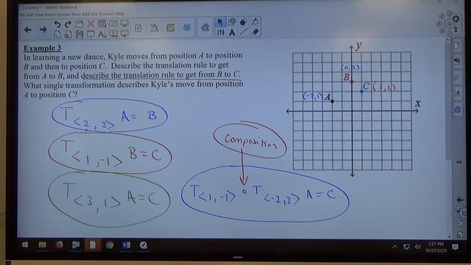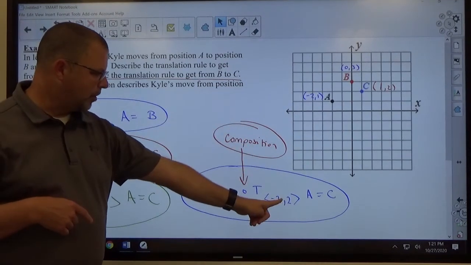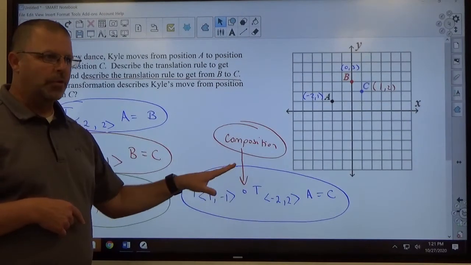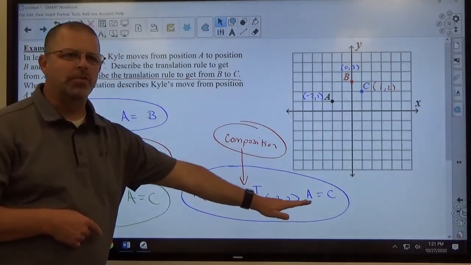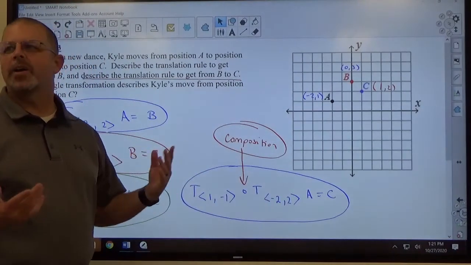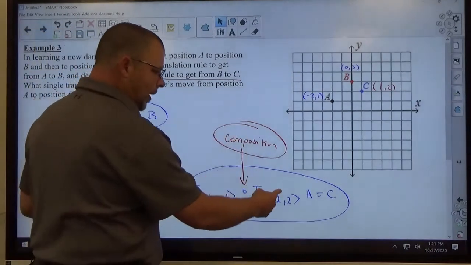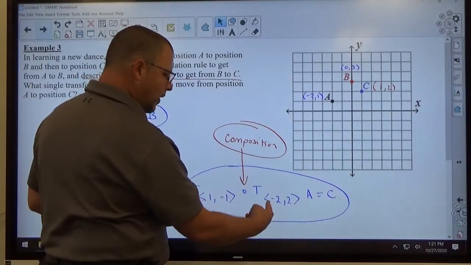So, when you see composition, it's asking you to do multiple things in a specific order. And the order is this first, this second. So when you're doing a composition, the second thing happens first, the first thing happens second. I don't know why they decided to go in that order, but that's the order they go in. So this is telling me to translate A, and that should be positive 2.